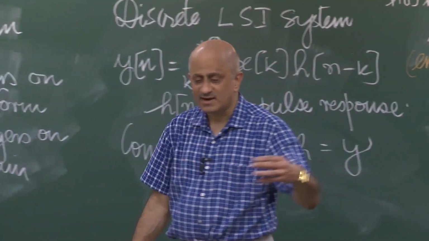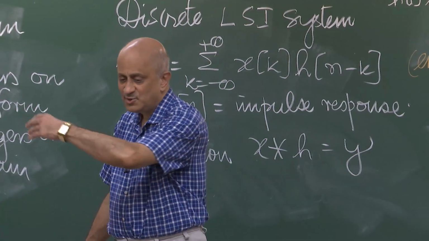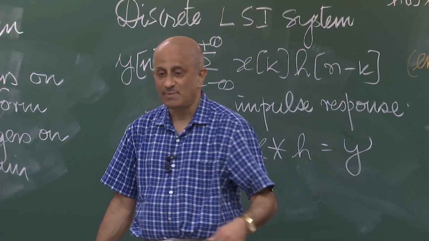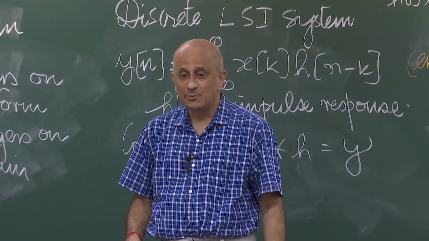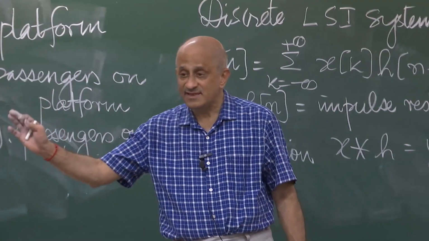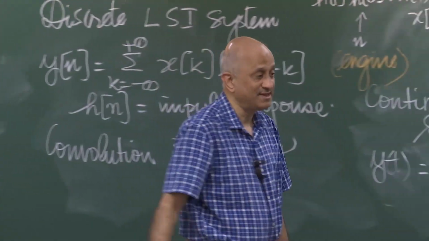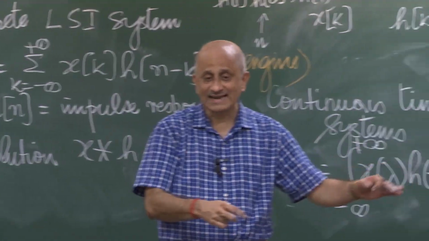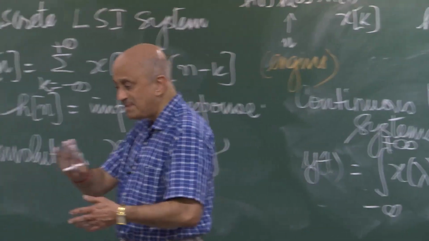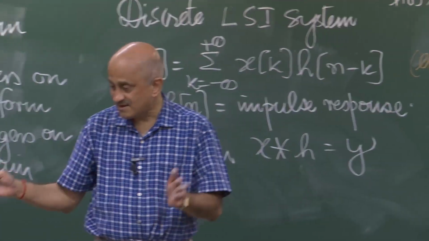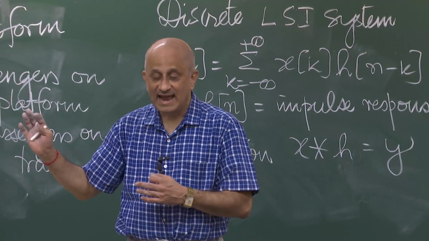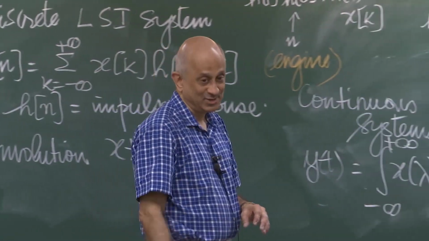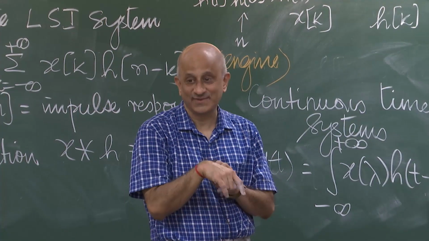But you can think of a continuous, static structure on the platform, which interacts with a structure inside the train which moves. And of course, it has a connection. So, you can visualize the static structure on the platform rubbing against a structure put on the train which moves, and the combined effect of the rub at every point in time is the output at that time. So, you can think of it that way.